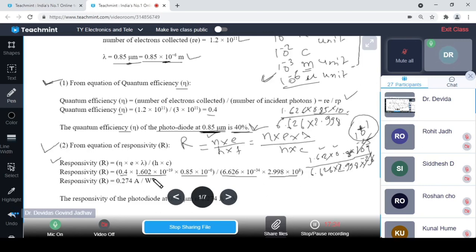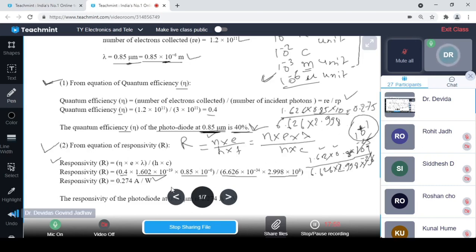If you solve this with a calculator, you will get 0.274. So this calculation comes out to 0.274.